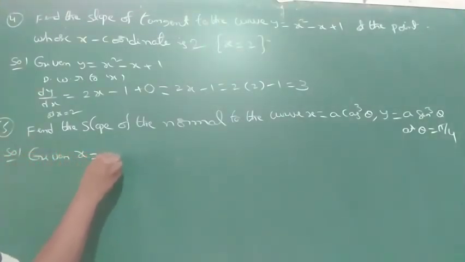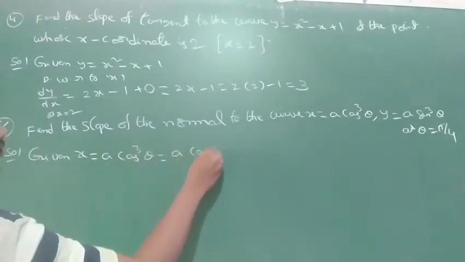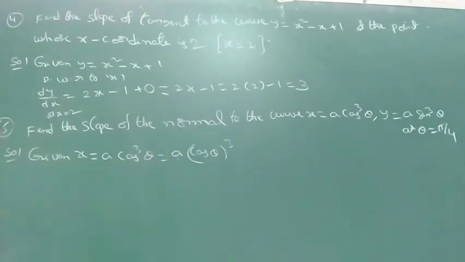Given x is equal to a into cos cube theta, which means a times cos theta whole cube. Differentiate with respect to theta, not with respect to x. dx by d theta is equal to a, a constant, times cos theta whole cube, which is like x cube.